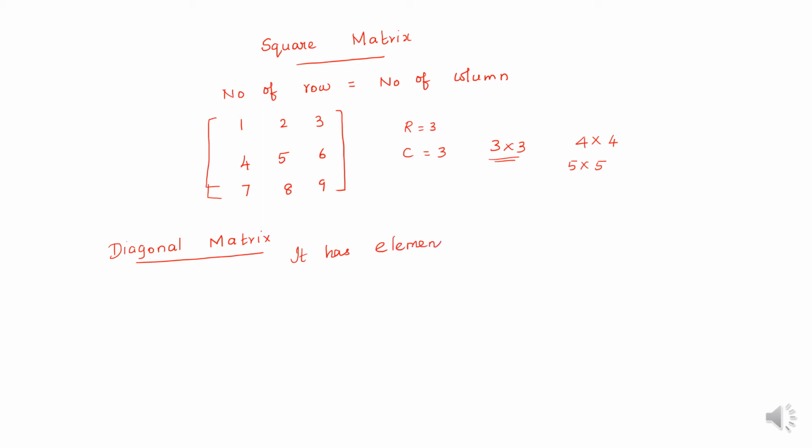All other elements will be zero. So a diagonal matrix has elements only in the leading diagonal. Remaining all elements are equal to 0. So this is the example. First of all, you have to mark the leading diagonal, and put the other elements as 0. So this is the diagonal matrix.